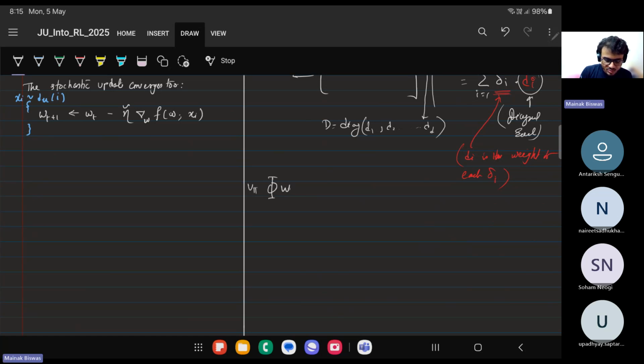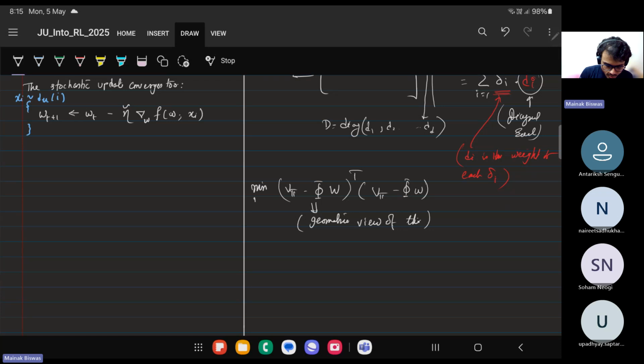What does minimizing this, V pi minus phi W transpose V pi minus phi W, represent? Geometric view of this.